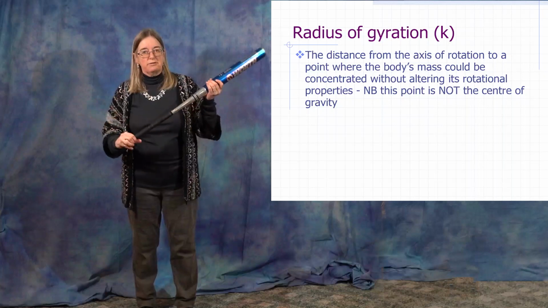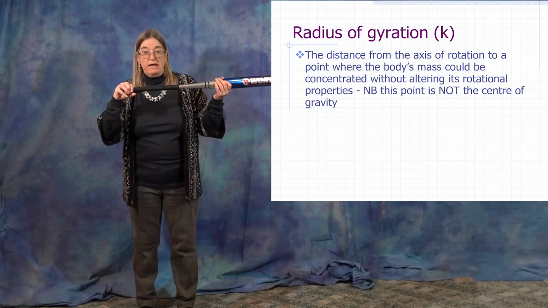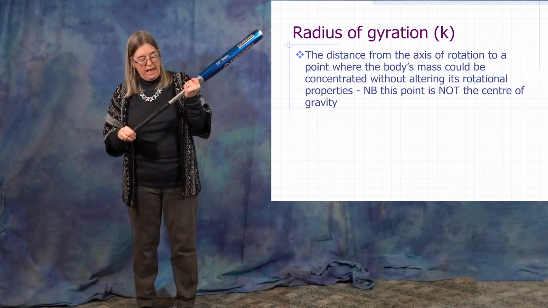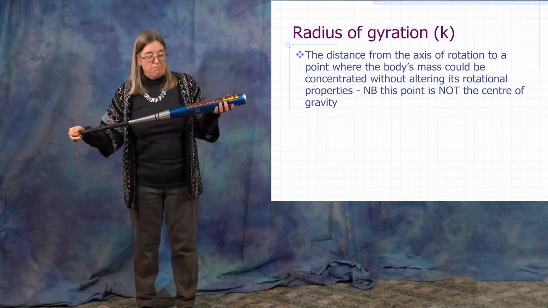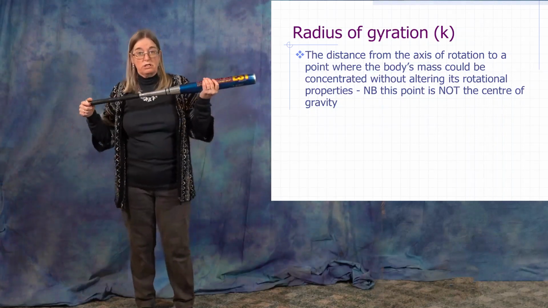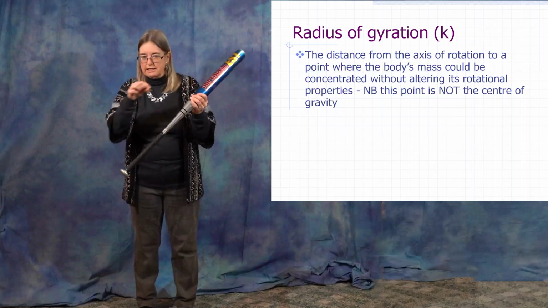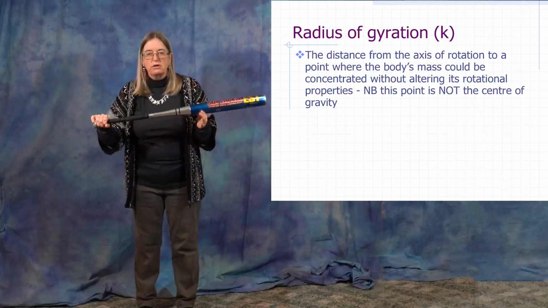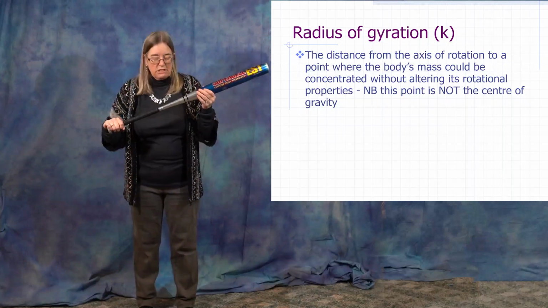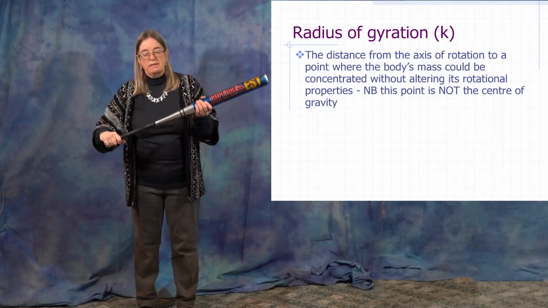This is something you would get by literally rotating the bat and figuring out how much torque it took to rotate, and having measured the mass of the bat, I can then calculate what the radius of gyration is. Again, it's not something you can take a tape measure to, or balance and measure. It's something you would get from looking at the characteristics of the bat to see what happened.